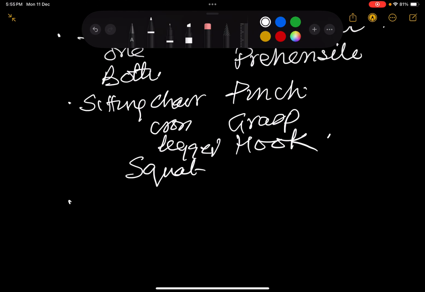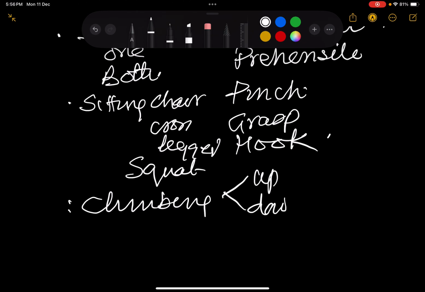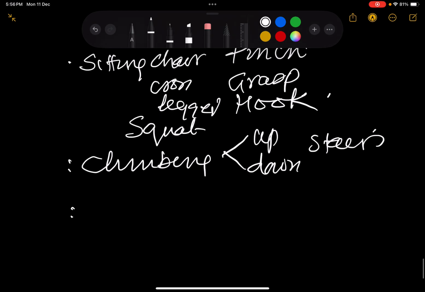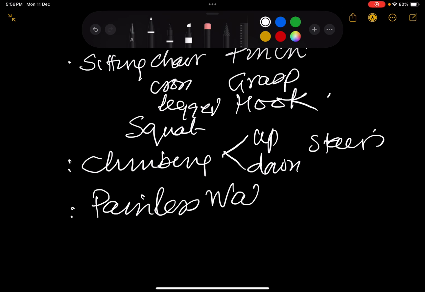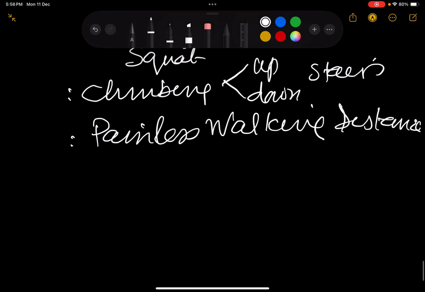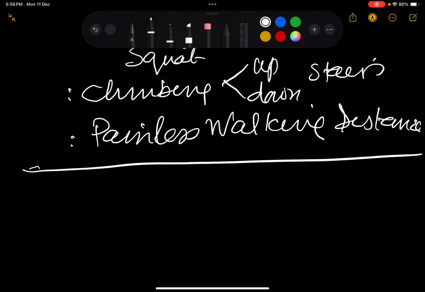You examine climbing up and down stairs. You examine painless walking distance. And basically, if the costovertebral joints are involved, you must do a pulmonary function test.